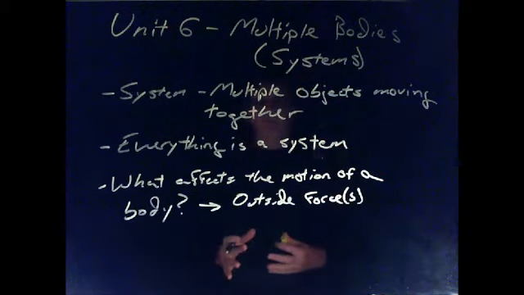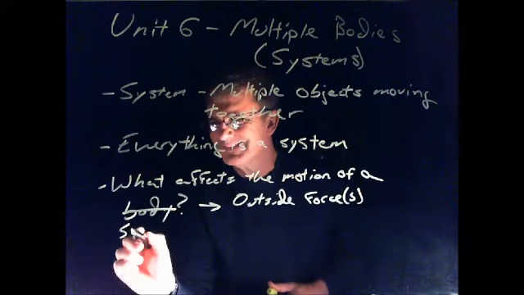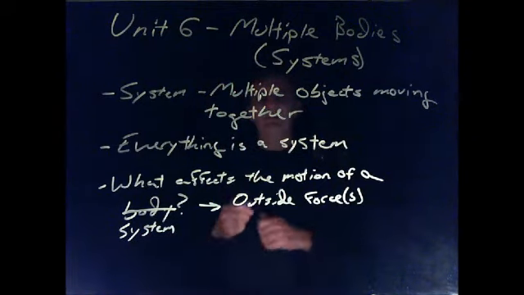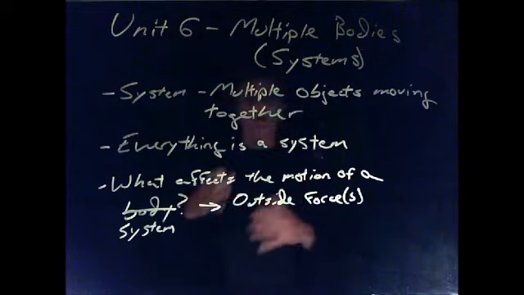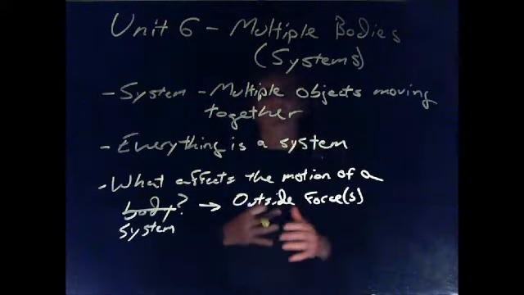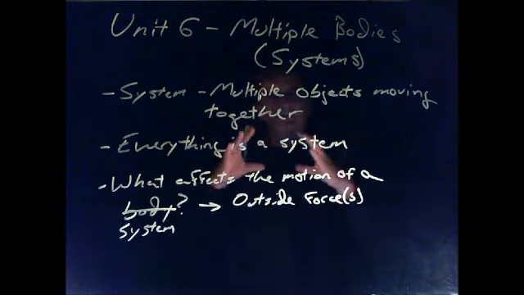We can ask the same question: what affects the motion of a system? We have the same answer, outside forces. So we're not really changing anything, we're just expanding our definition of a body. A body is no longer a singular object, it's a bunch of things that are tied together.